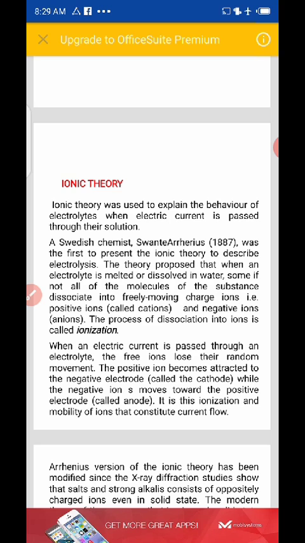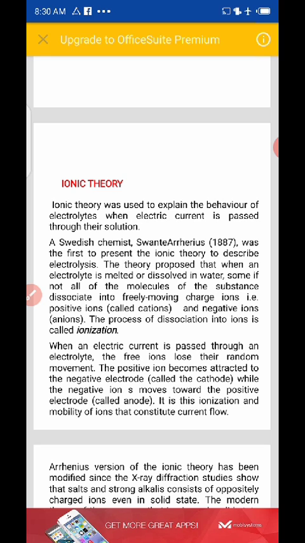That's the first thing I want us to learn here. Any electrolyte is a compound, in its molten state or in solution, that can conduct electricity. That's what we call a simple electrolyte. Whenever an electrolyte is dissolved or melted in water, some, if not all, of the molecules of that electrolyte will break down, will dissociate into freely moving ions.